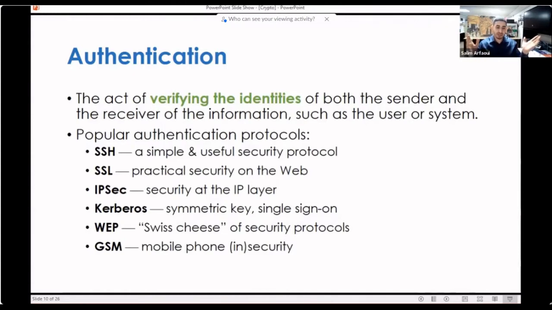Not saying that you must implement a protocol in each layer. However, if you implement the authentication protocol at the application layer, then we're assuming that it is the application developer or the software engineer's job to make sure that there is an authentication protocol implemented in the application, right? But there are other protocols that could be implemented, let's say at the IP layer, which is the network layer.